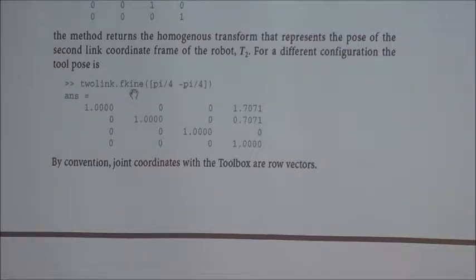You see, FKINE is the forward kinematic command in MATLAB. Okay? By now, I hope that you have already downloaded the latest version of the Toolbox. If not, you'll see a slide of how to do it. Then there is a specific forward kinematic for tooling, which says tooling.fkine, where the first link rotates pi over 4, and the other one minus pi over 4.